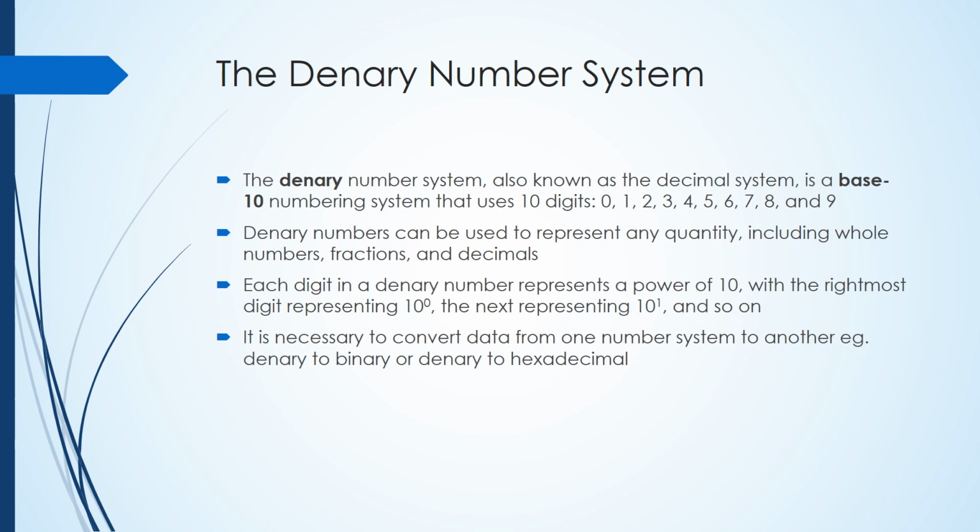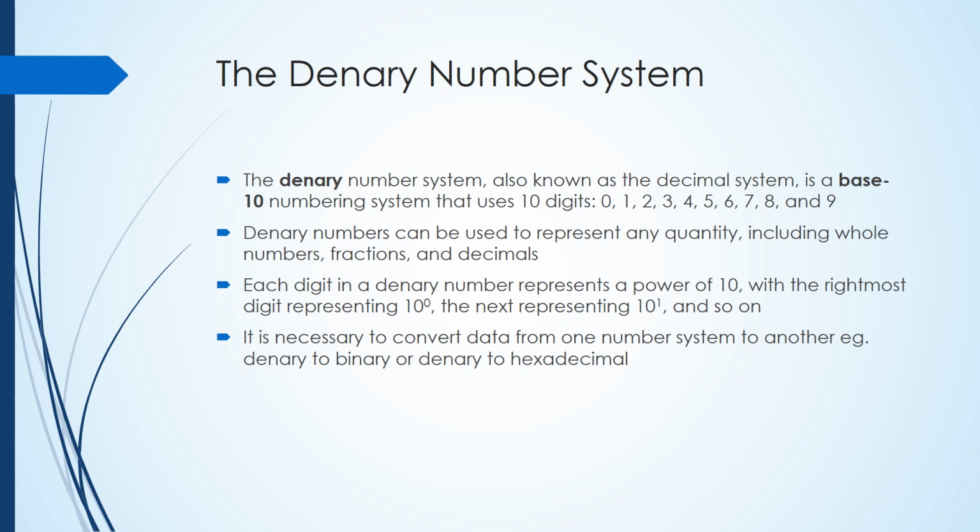Denary numbers can be used to represent any quantity, including whole numbers, fractions, and decimals. Each digit in a denary number represents a power of 10, with the rightmost digit representing 10 raised to power 0. The next digit represents 10 raised to power 1, and so on.